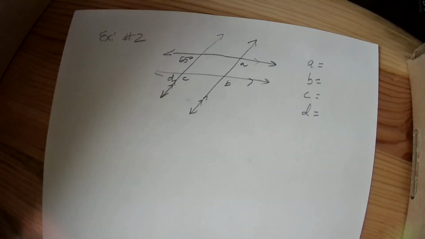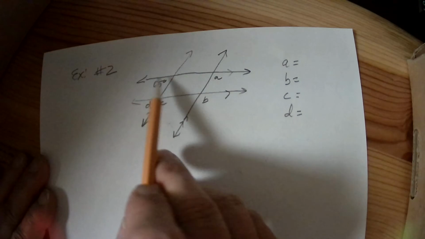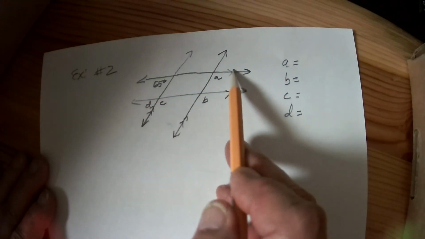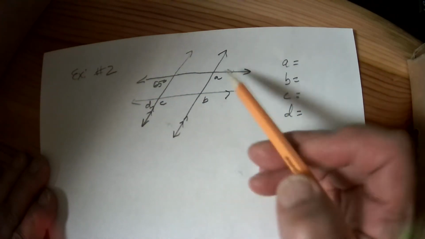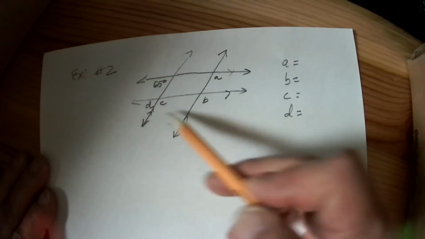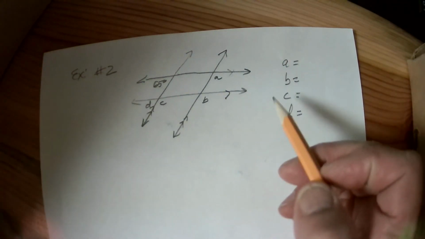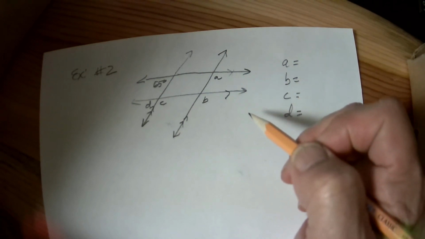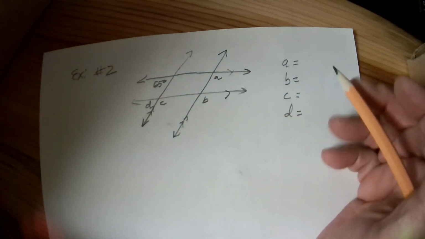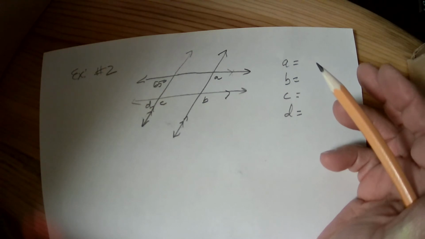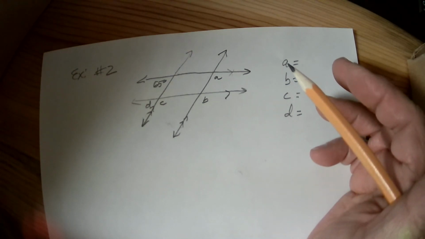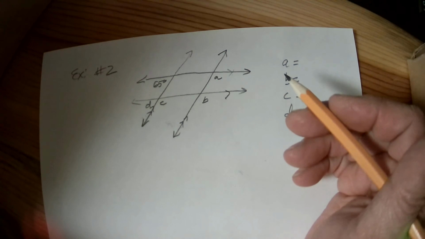like this one. And this is exercise number 2 on the 2.6 worksheet. All right, so I know that these two lines are parallel because they both have arrows. These two lines are parallel because they both have 2 arrows, okay? All right, so remember what I told you. If you have parallel lines cut by transversals, all the angles that look like they're the same are the same.